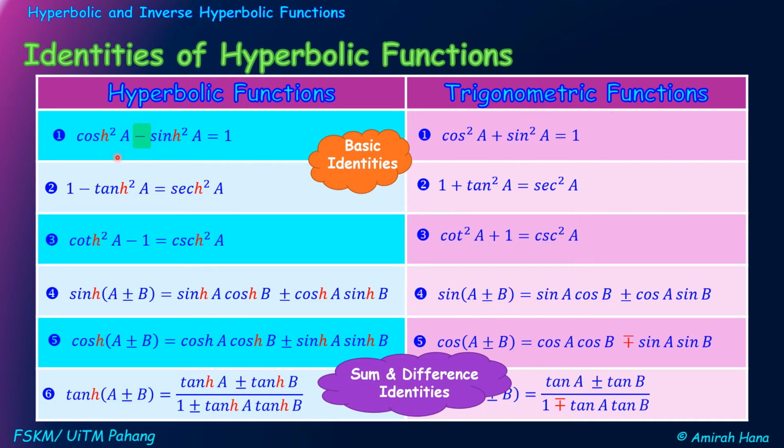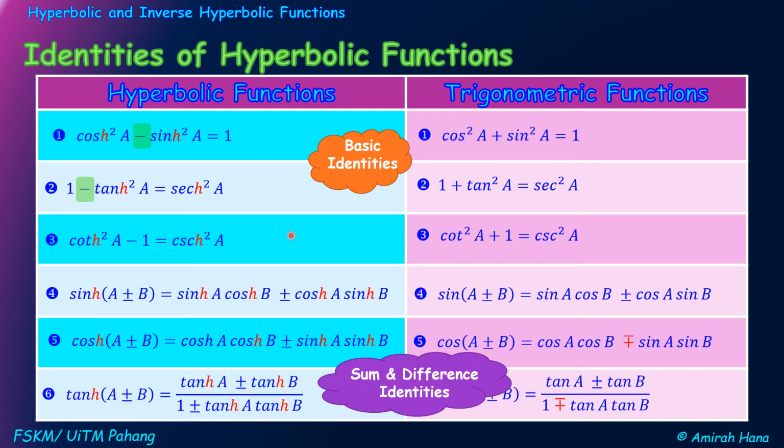And then identity number 2. We have 1 minus tanh squared A equals sech squared A. It looks similar to the identity under trigonometric function, which is 1 plus tangent squared A equals sec squared A. This is plus sign, this is minus sign. No h because this is trigonometric function.